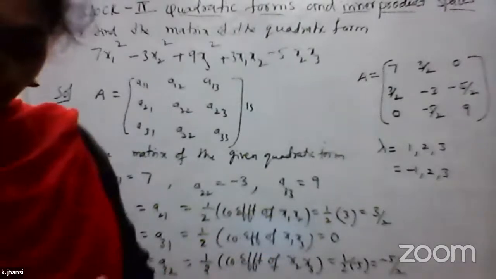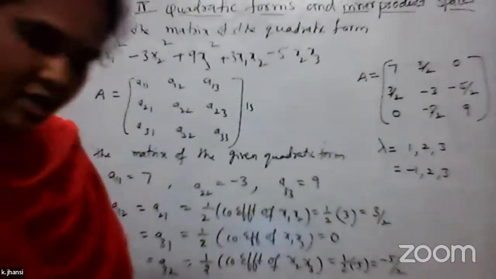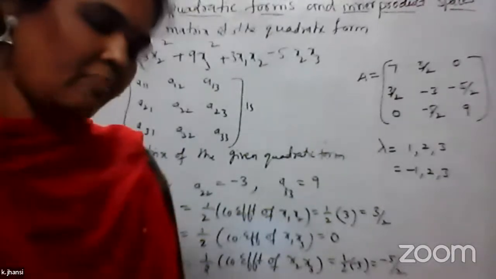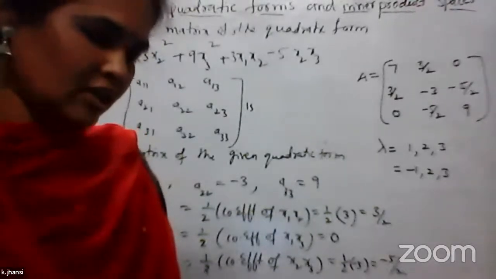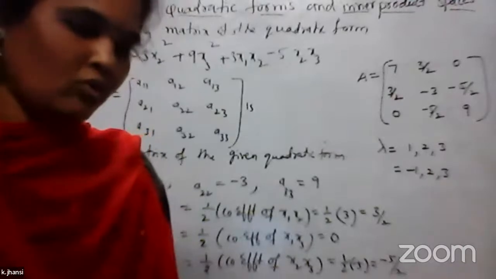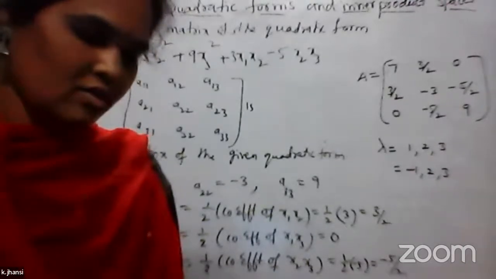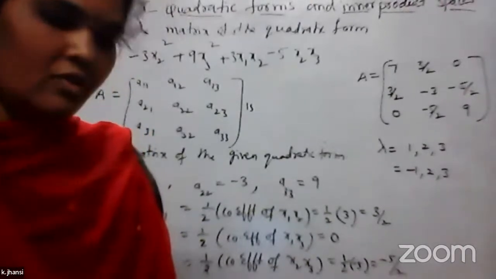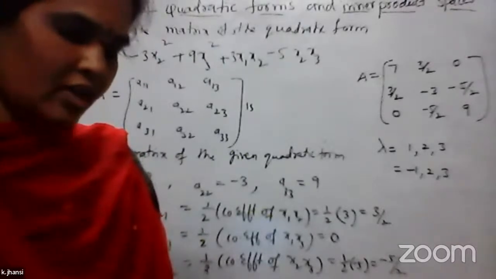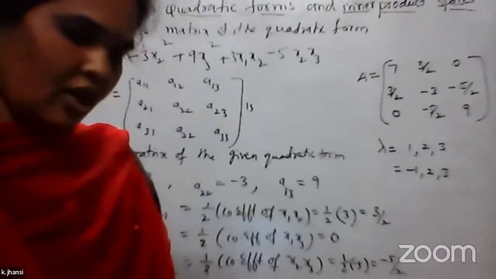In that, any quadratic form they will ask, from that you have to write the matrix form and then find whether the given roots are positive definite or negative definite.